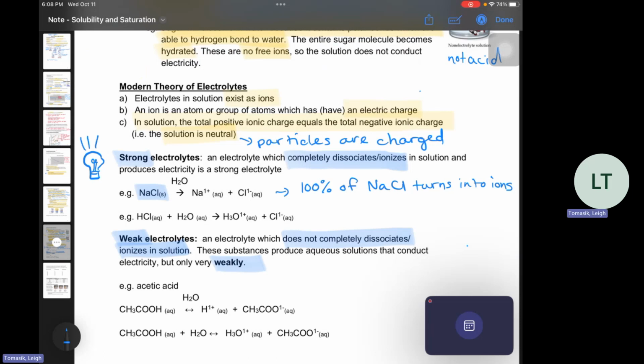You will get very bright light. But if you do the same thing to a weak electrolyte solution, you're only going to get very dim light.